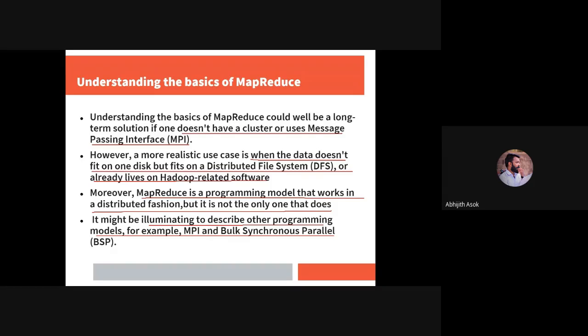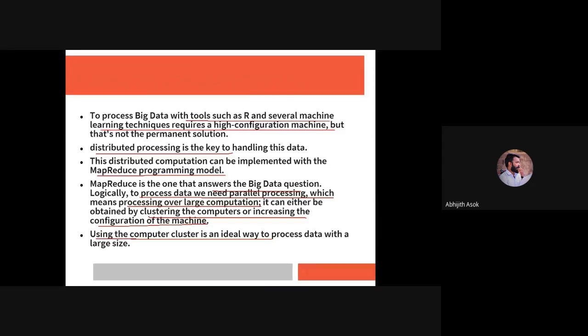Okay, how to process big data? We can use tools like R and several machine learning techniques. It requires a high configuration machine. So distributed processing is key to handling this kind of data. We can use the MapReduce programming model for implementing distributed computation.